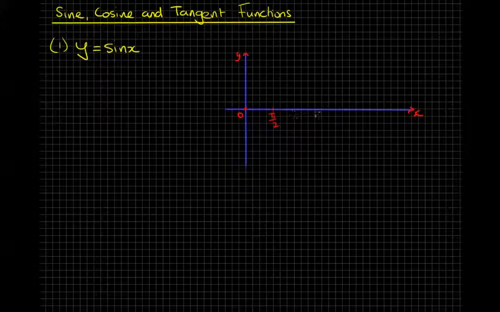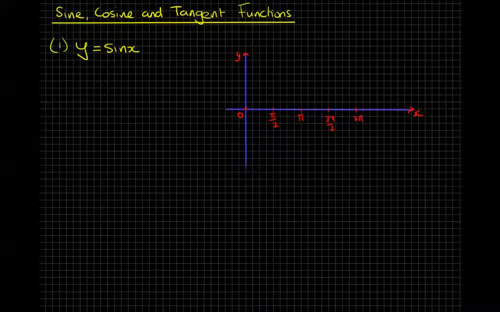Then pi, so 180 degrees, 3 pi over 2, and 2 pi. These are the same key points as on the unit circle.